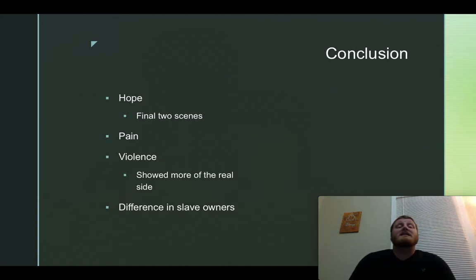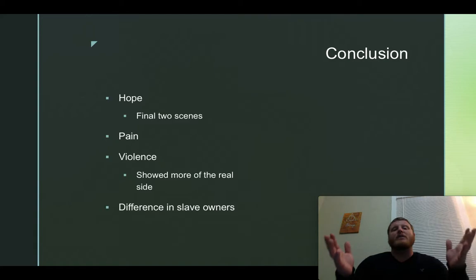So it was interesting to see a film show that violence and really highlight it, because a lot of films kind of gloss that over and they don't give you the full picture of what was really going on. And this film dove right in to show you that, hey, this is what's going on, this is what happened.